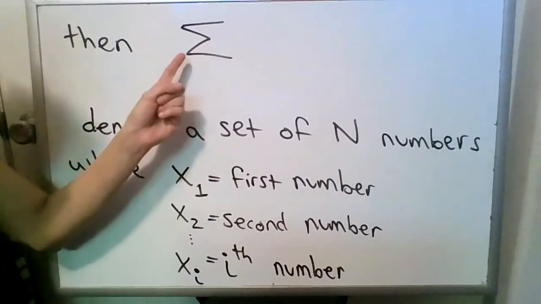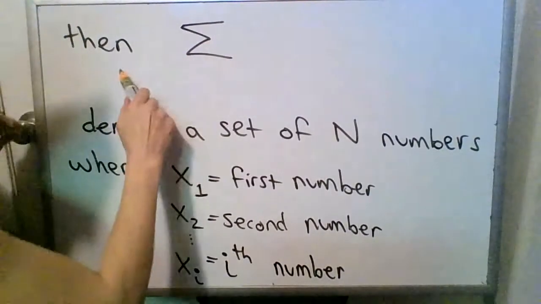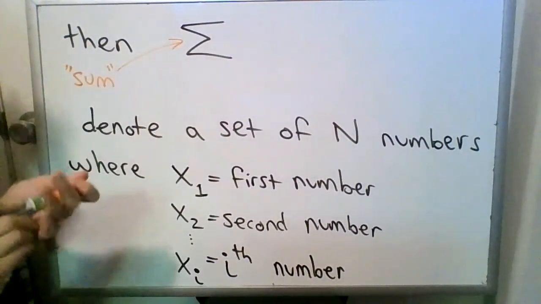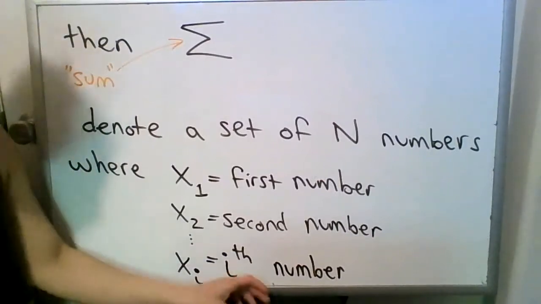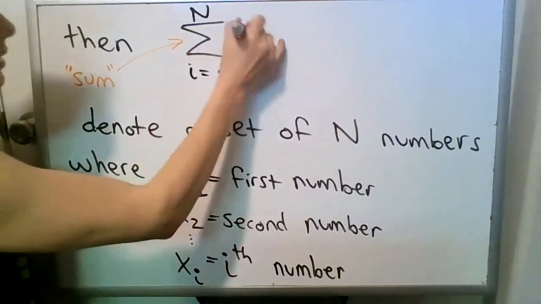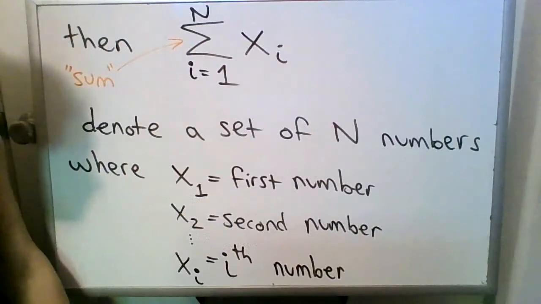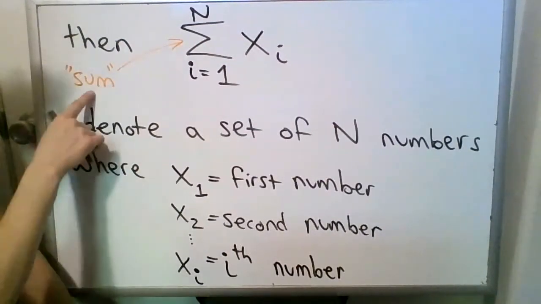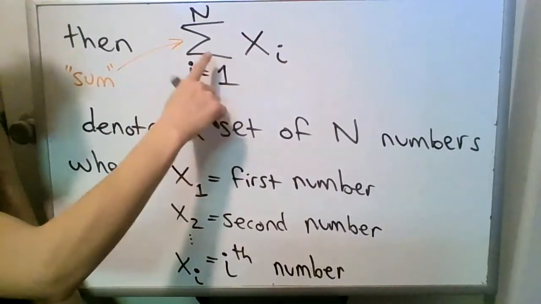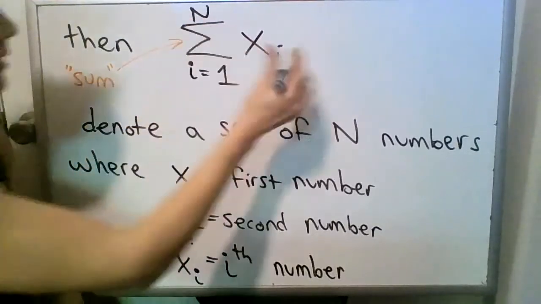Okay, so this symbol means sum. We go from I equal to 1 all the way up to capital N for x sub I. So for sum, it means to add x1 and then move to the next value for I, which is x2, up until you get to the end, x sub n.